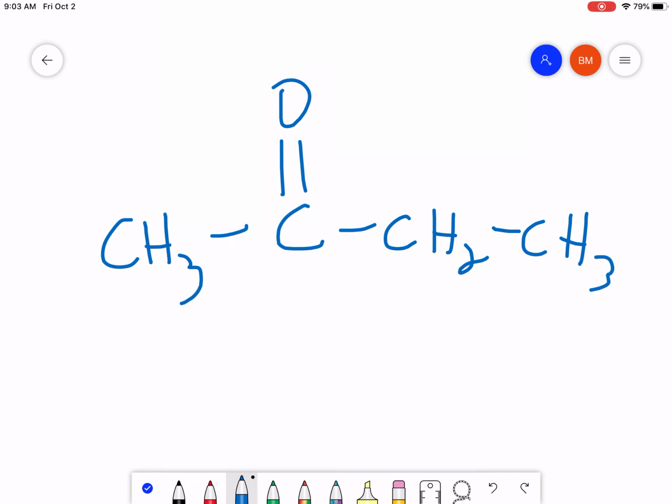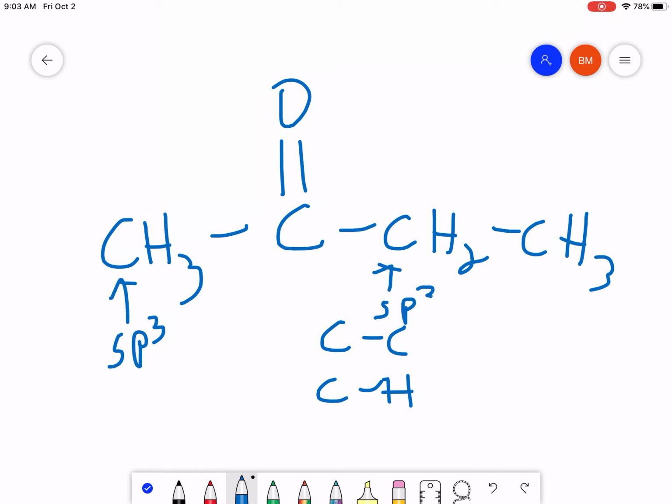Now, if you take a look at this, ask yourself, what other types of groups would I have besides carbonyl? Well, other than carbonyl, I really just have CC and CH single bonds. All these carbons are sp3 hybridized. So really the only other thing you'd expect to see here would be the traditional alkane peaks.